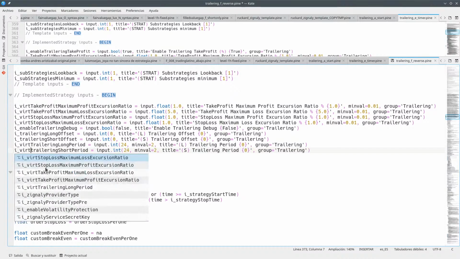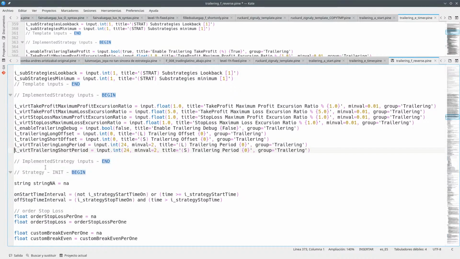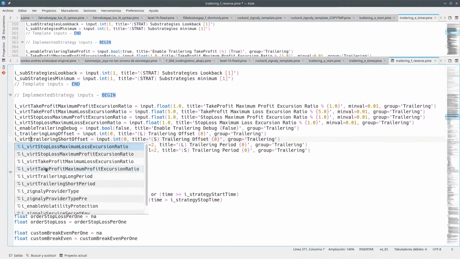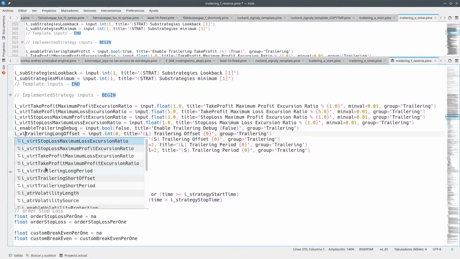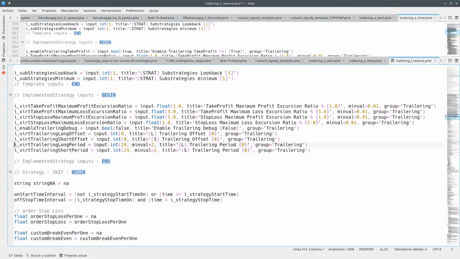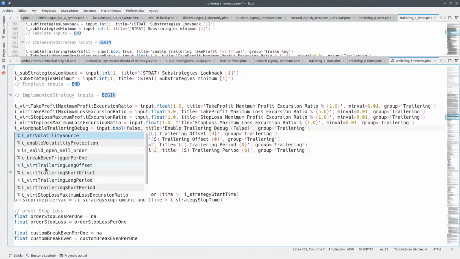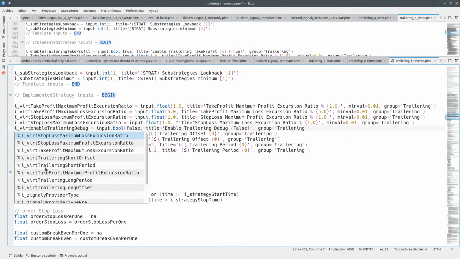This is virtual, everything is virtual. Okay, so we have these virtual variables, and also these virtual enable settings.